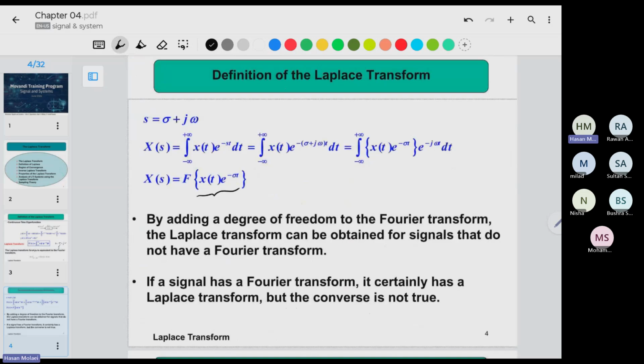Here we can see the Laplace transform is the Fourier transform of x(t) e to the power of minus sigma t, which means we are adding one exponential signal to the original signal, which gives us one degree of freedom, so that we can define the Laplace transform for signals that may not have a Fourier transform.